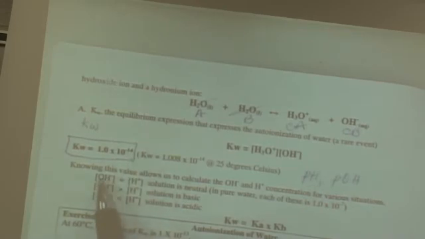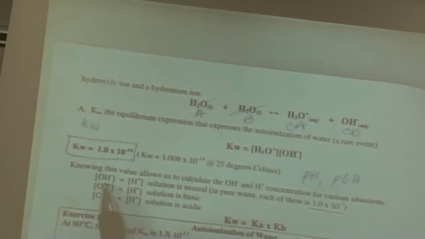If by chance the hydroxide and the hydrogen ion concentration are equal, as it is in pure water, then you have a neutral solution. In pure water, each one of these is 1 times 10 to the negative 7. If your hydroxide ion concentration is greater than your hydrogen ion concentration, it's basic.